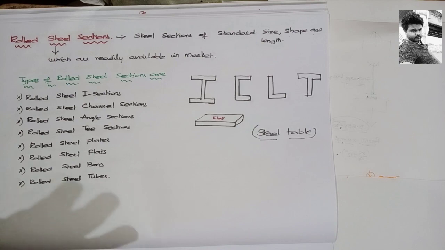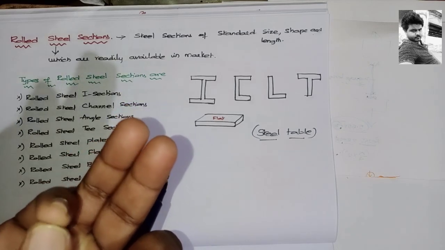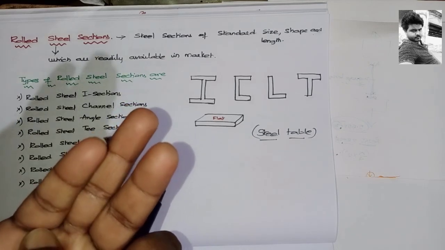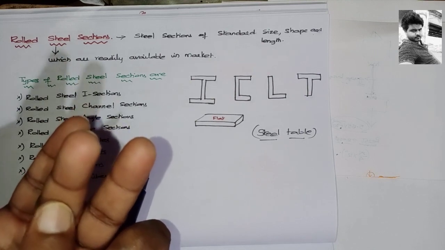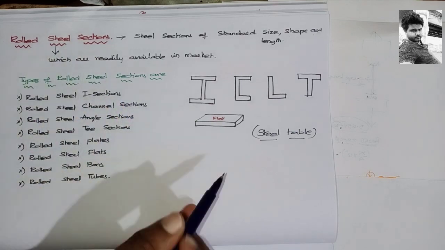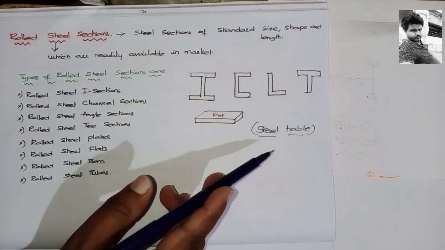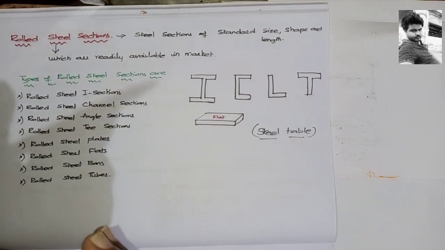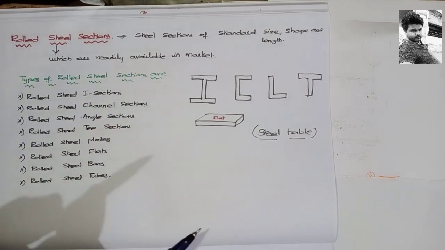What you studied in engineering mechanics, area calculations, centroids, moment of inertia, section modulus, radius of gyration, all these are there in the steel table. That is the reason while designing you are supposed to use the steel table along with the code book IS 800-2007 for design of steel structures.